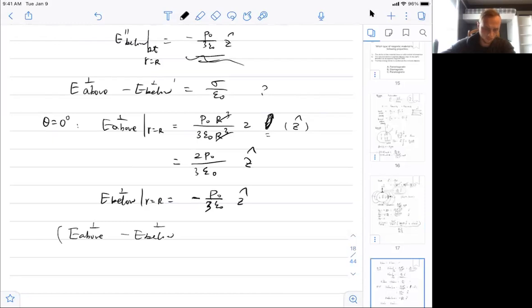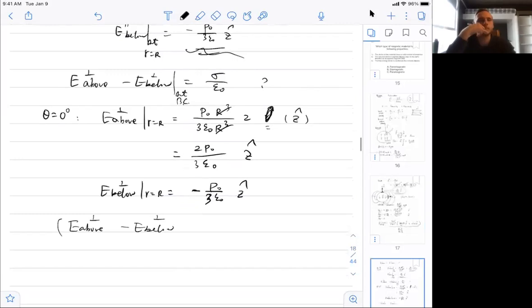All of this means at the boundary, but we don't always write it out, but you should know it's applied at the boundary. It is going to be this minus this. What does that become? It becomes 3 P naught over 3 epsilon naught, and that gives me P naught over epsilon naught.